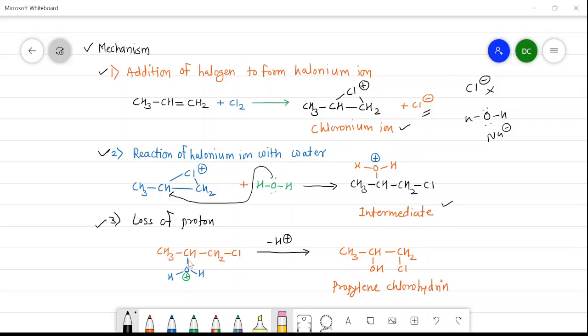Now in the last step, there is a deprotonation, that is H plus ion is removed and we get propylene chlorohydrin. So in this mechanism, we have to keep in mind the formation of halonium ion, then attack of water on the substituted carbon, and this addition is always anti-addition. It means that the OH group and Cl group are opposite to each other.